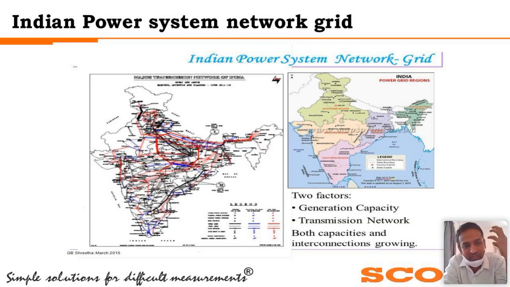Our network is not being monitored as a whole. So what happens when there is a problem at the substation level? At that point, our relays act and disconnect the faulty feeder, so that at least that portion of the fault is disconnected from the system.